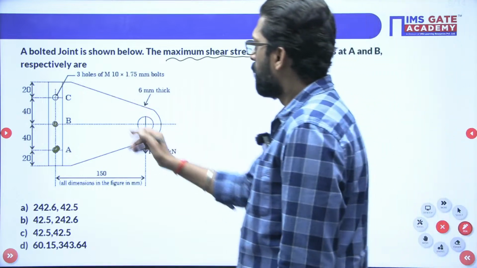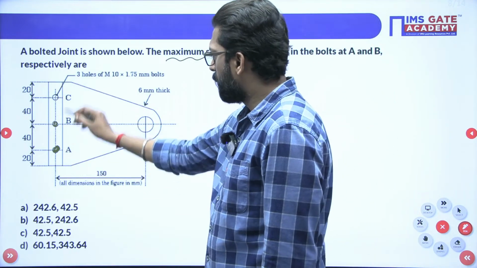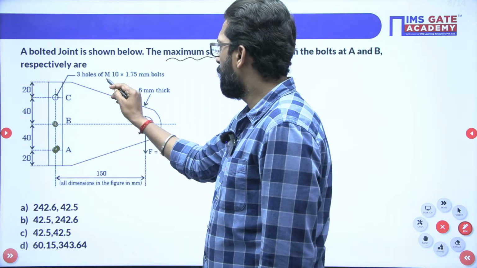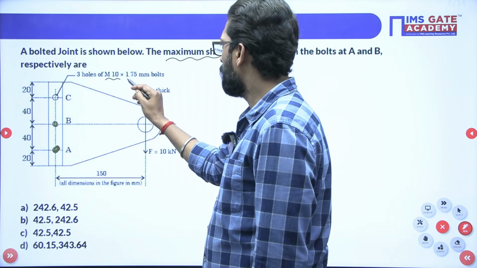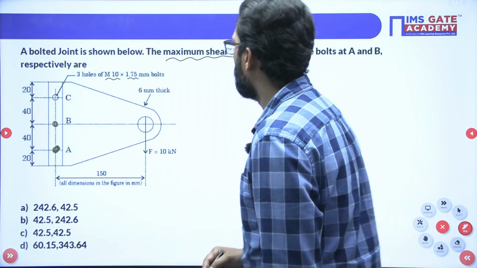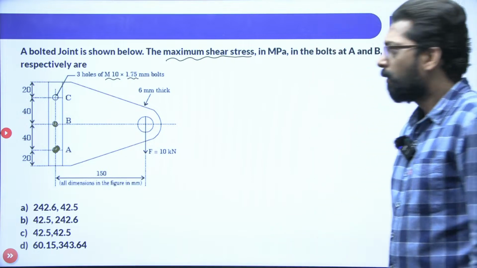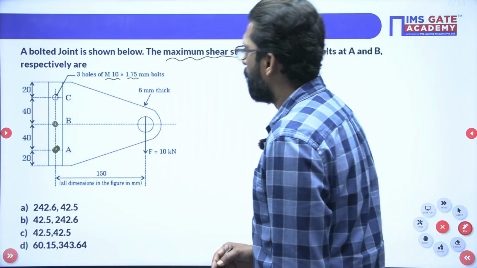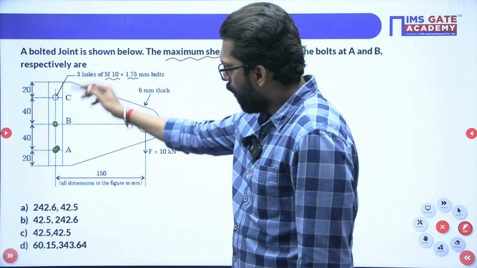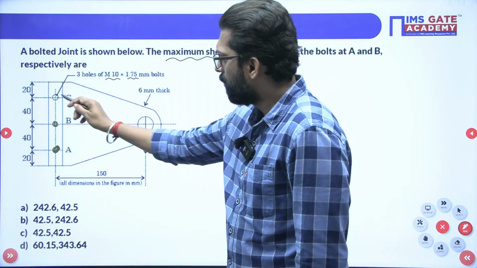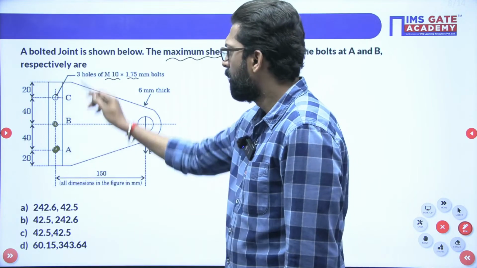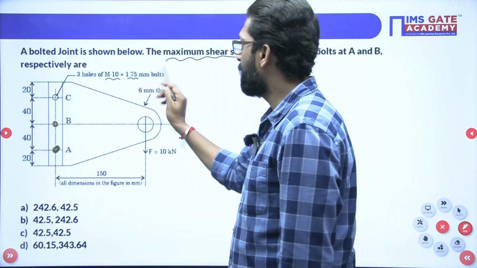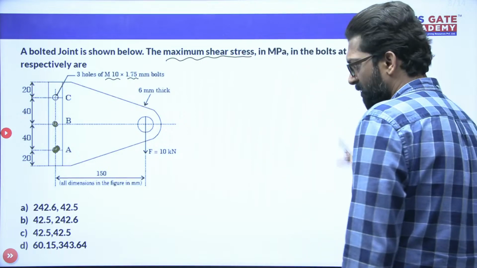See, the notation given: 3 holes, A B C, of M10 cross 1.7 bolts. What is meant by M10 cross 1.7 bolt? Number of holes is represented like this: if it is 4, you have to take 4 holes. First we will think about that.